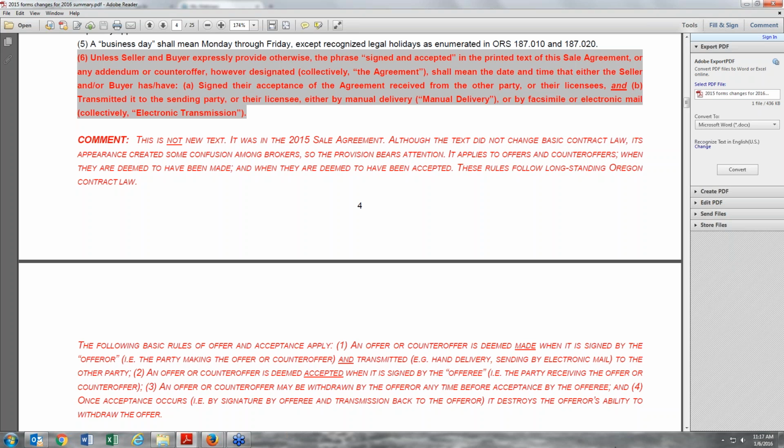So for example, and that's important for understanding when it becomes binding, because when it becomes binding, the offeror, the person making the offer, no longer has the power to withdraw the offer.